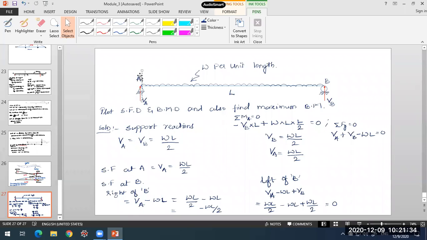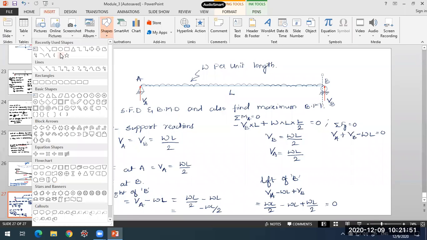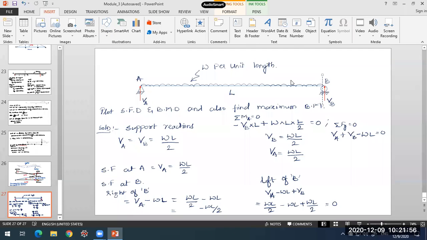After this, I directly moved to point B. I took my section to the left of support B. What is the shear force over here? For that, you need to take the algebraic sum of all the forces to the left of your section. To the left of my section, there is VA, an upward force on the left side, positive. And the UDL is present on the left side of the section.